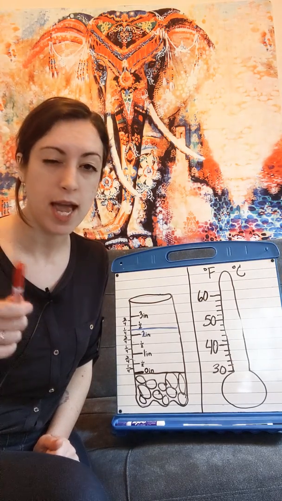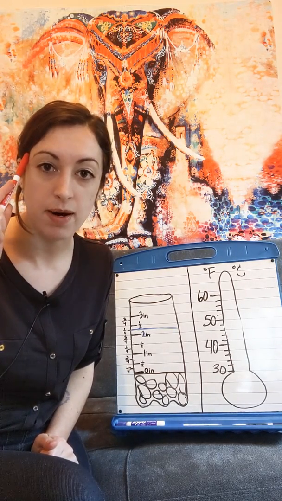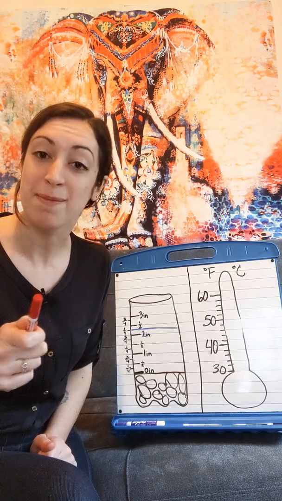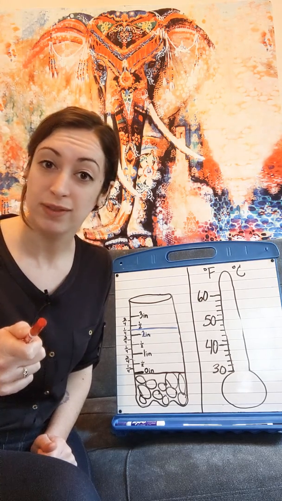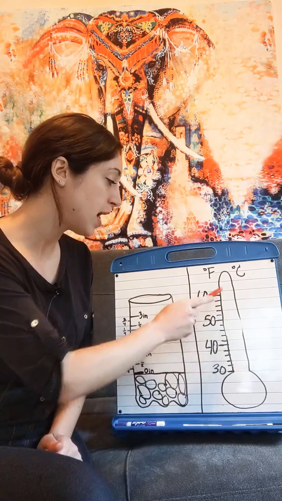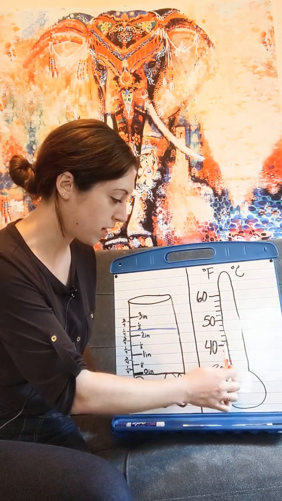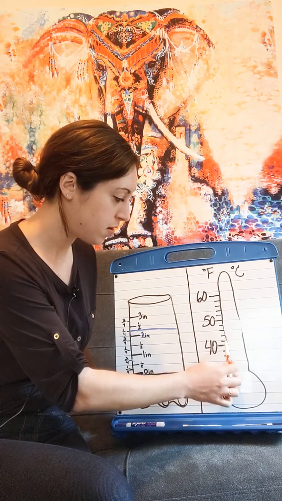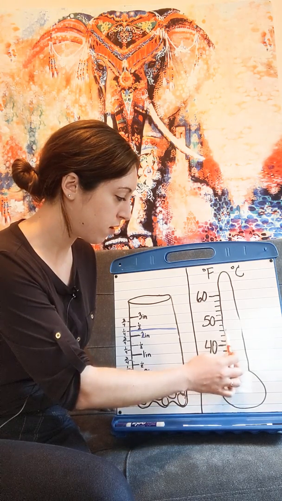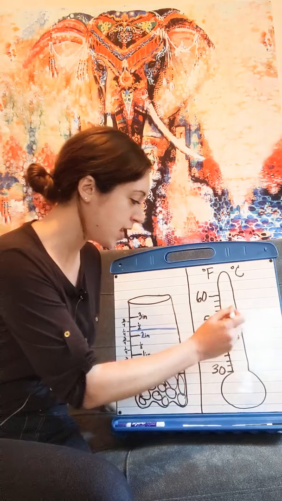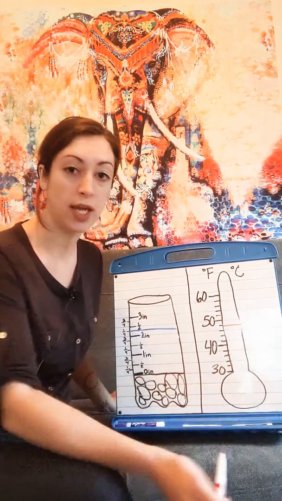Now I know 48 is an even number, so that means it's divisible by 2, which means it's going to be on an exact line. So I'll probably find 40 and count up. 42, 44, 46, 48, and shade.